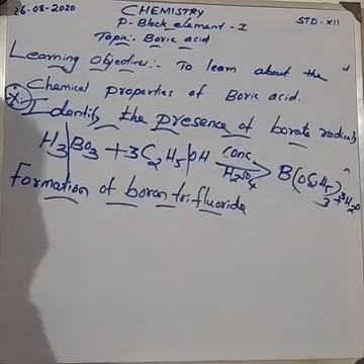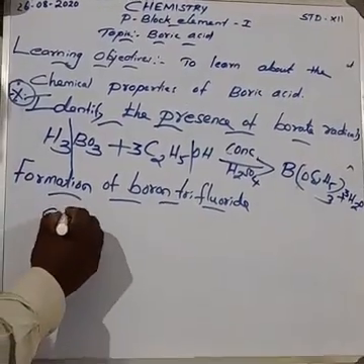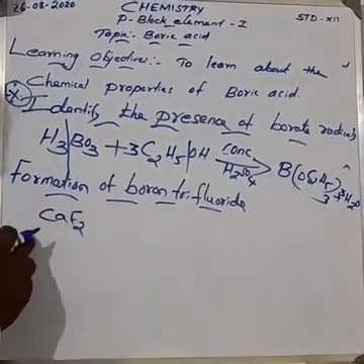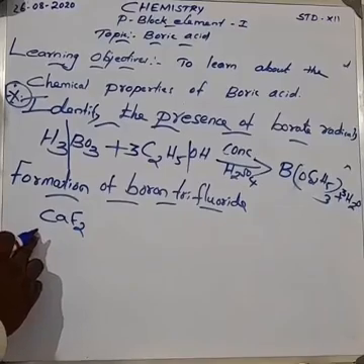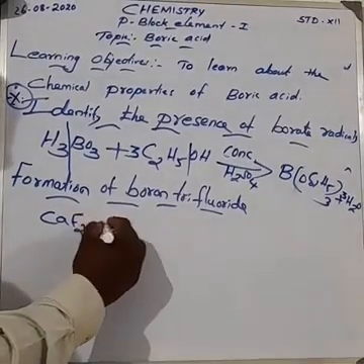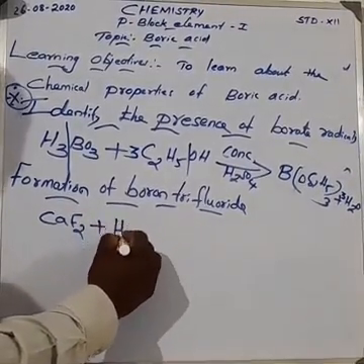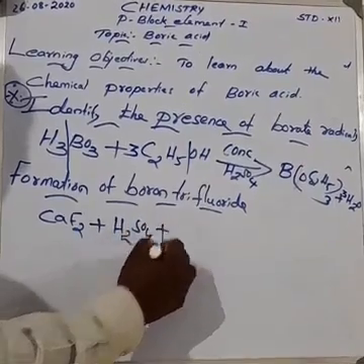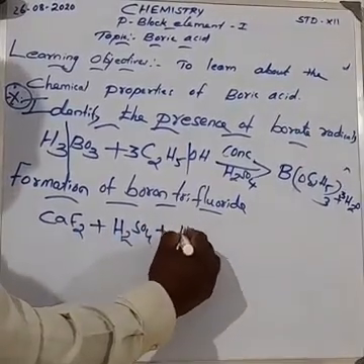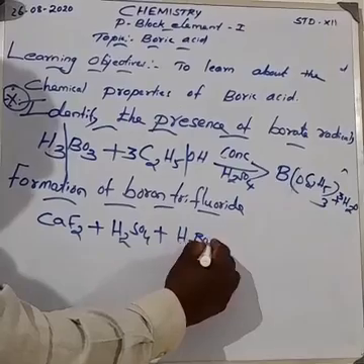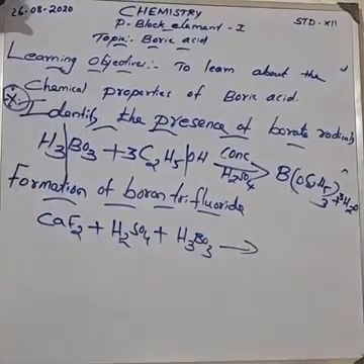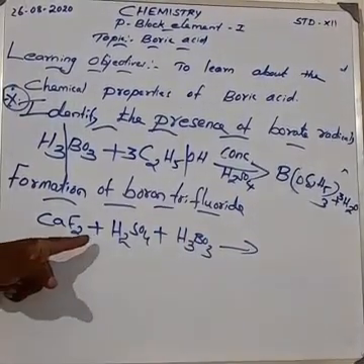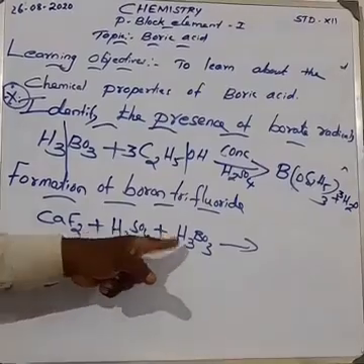What is the formula for calcium fluoride? CaF2, calcium fluoride. On react with the sulfuric acid, H2SO4 plus boric acid, H3BO3. These are the 3 reagents we are taking: calcium fluoride, sulfuric acid and boric acid.